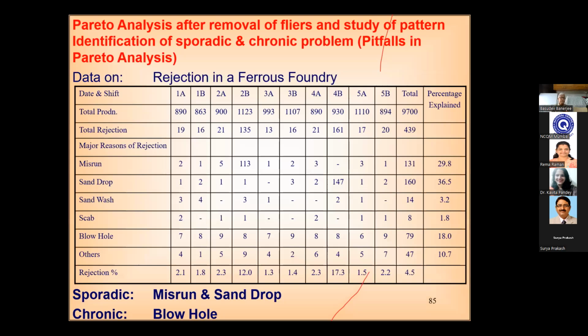You see, this Pareto analysis is done after studying the pattern of variation. Now you see, this one is a rejection in a ferrous foundry.